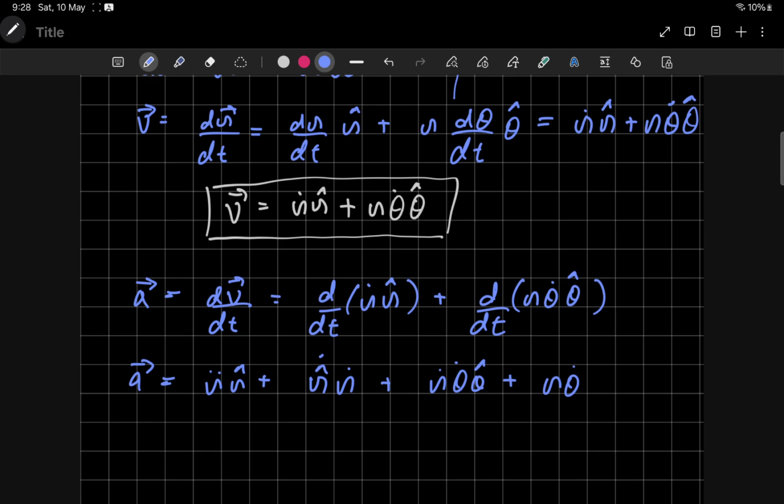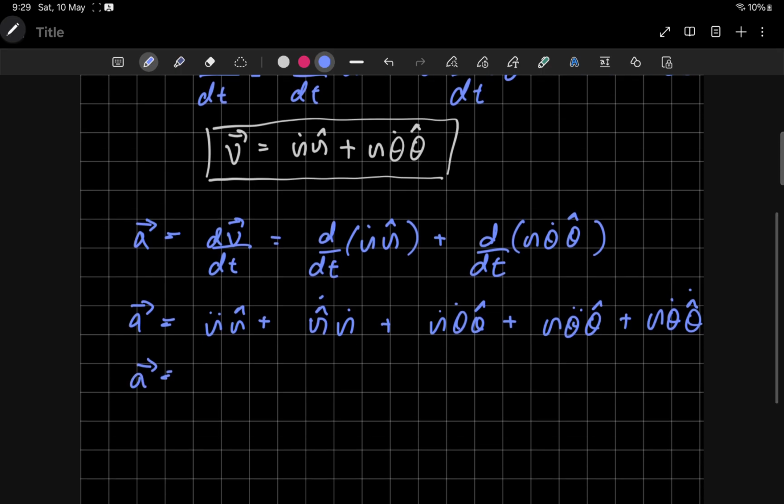I'm just using the product rule. So we have a time derivative of the unit vectors, as you can see here.